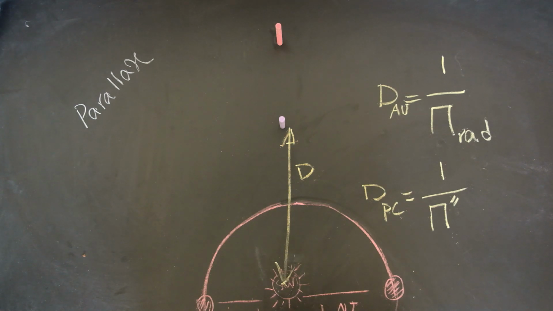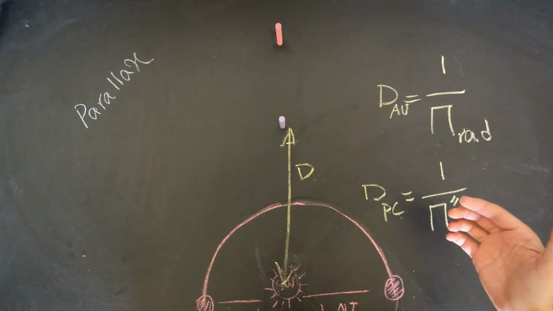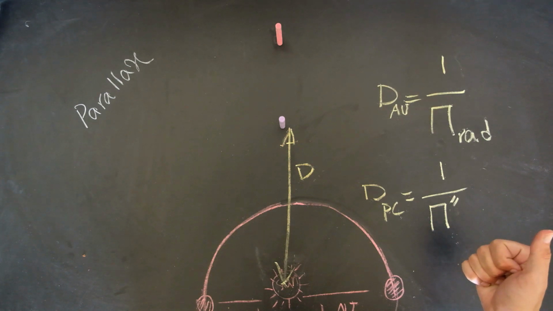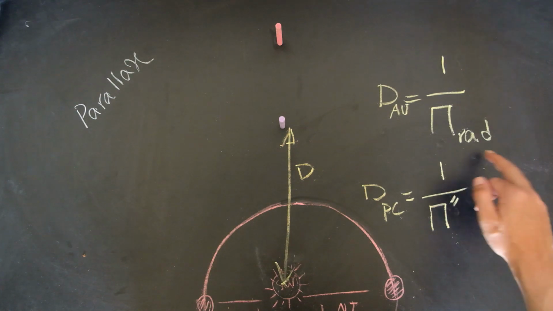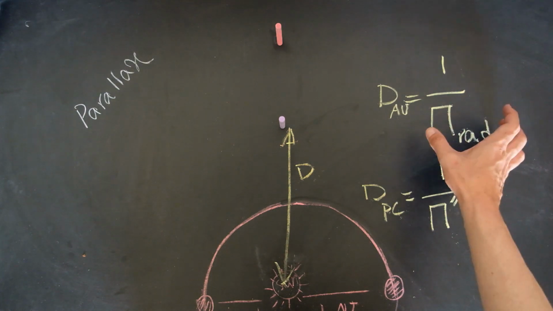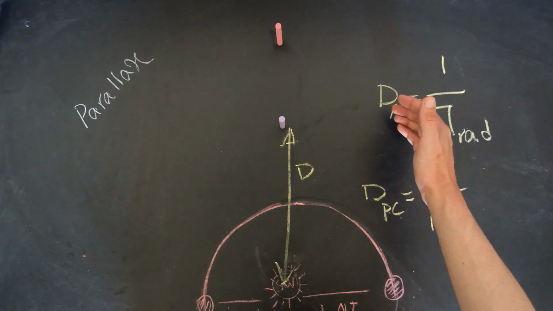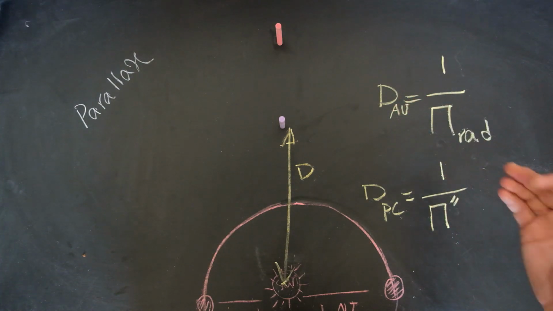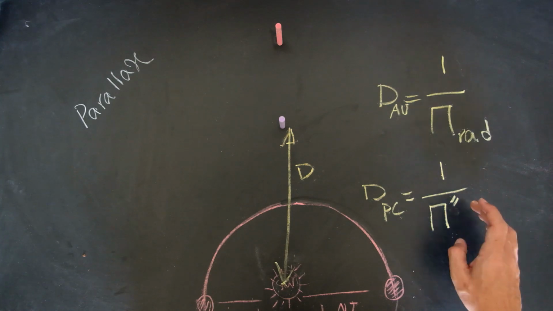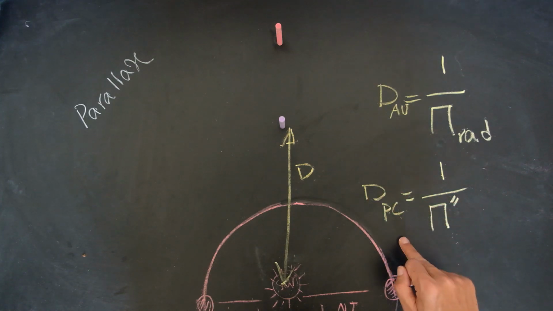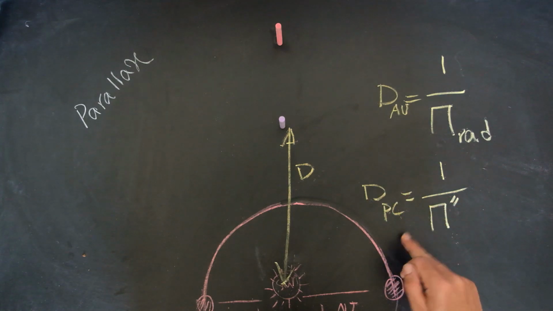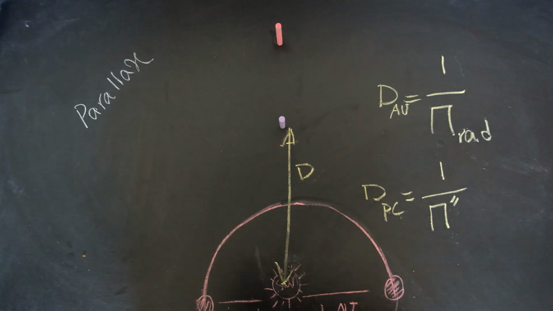Okay? So it's the same formula, but it depends on the main unit you use for parallax angle. If you use radian, you get this distance in AU. If you use arc second, you get this distance in parsec. And then you can convert between all of these units.